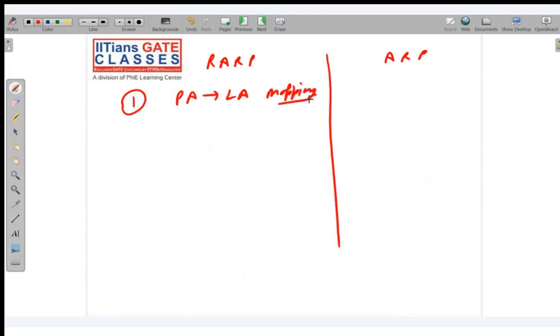That is the rough idea. Actually what we are saying is you know your own physical address and you want to know your own logical address. That's why you are using RARP. ARP is doing the reverse process, LA to PA mapping. That means you know the logical address of some machine and you want to know the physical address of that machine. So for that you are using ARP.